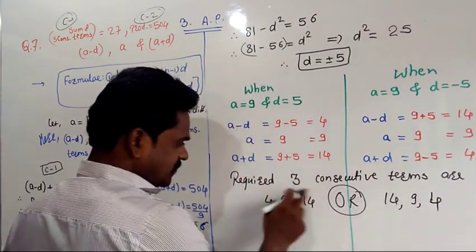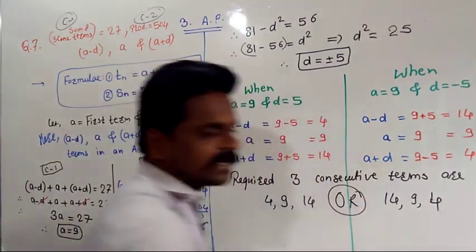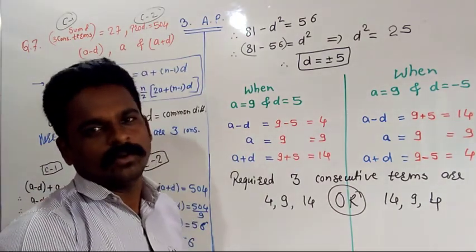So either these three will be the consecutive terms in the given AP, or these three in the reverse order.